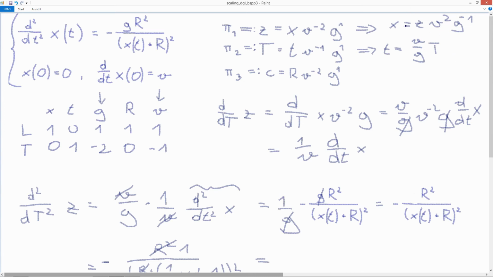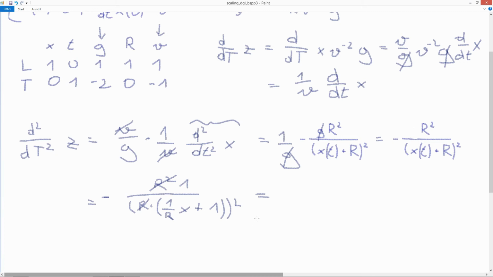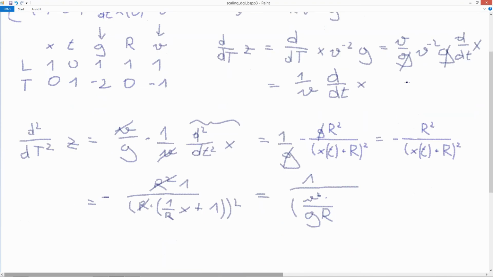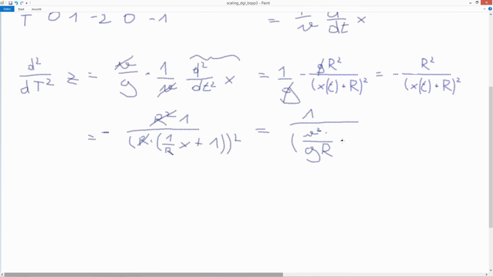So inserting this x here, we get 1 v squared g r. Is this correct? gr z plus 1 squared.